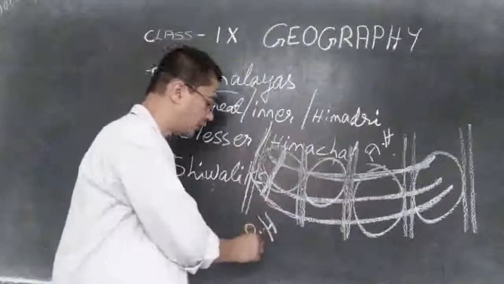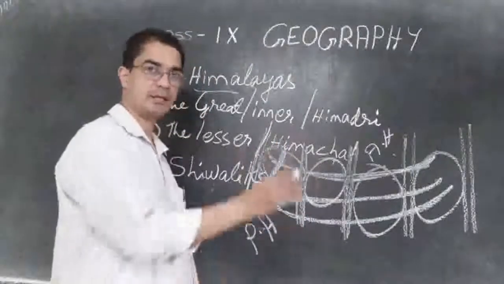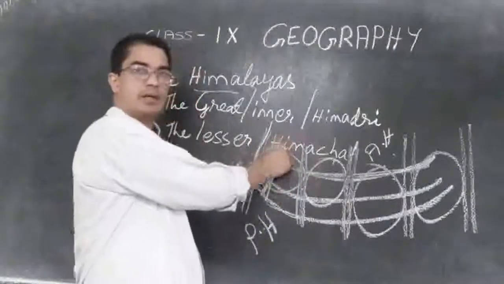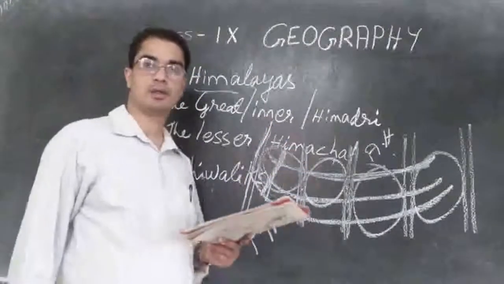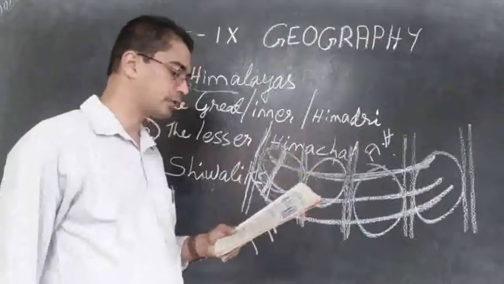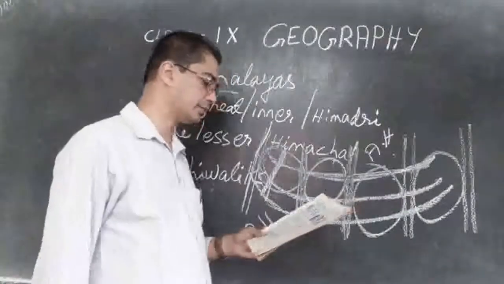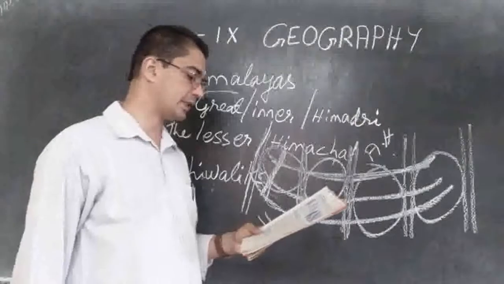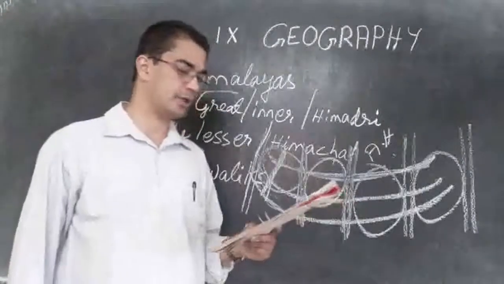So first one, people call it Punjab Himalaya, and even that Punjab Himalaya, some area people call it Kashmir Himalaya, and some area people call it what Himalaya? They call it Himachal Himalaya. Then between the Satluj and the Kali river, they call it Kumon Himalaya.